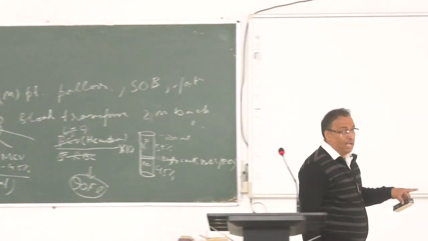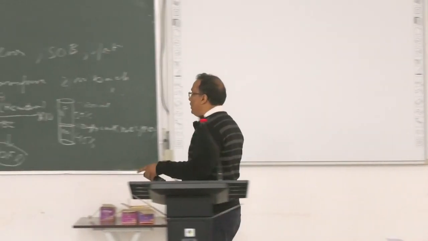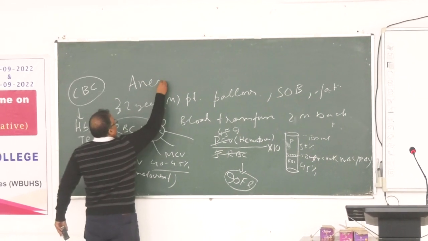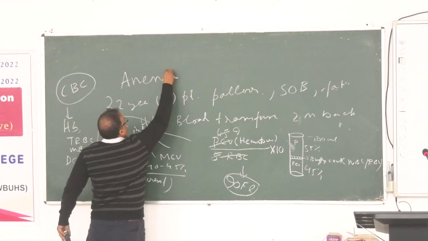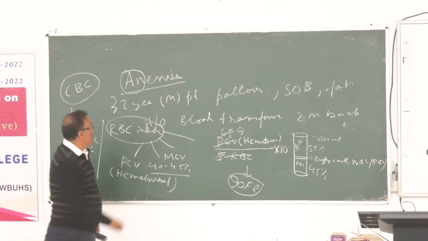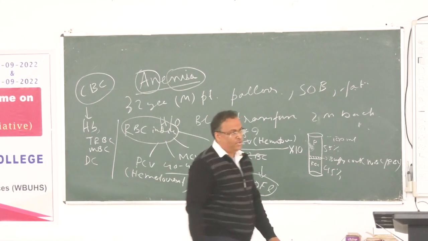What is anemia? Anemia means, আচ্ছা আমি আগে ওয়ার্ডটা লিখি. Anemia, N means without, emia means blood, means without blood. Simple thing.